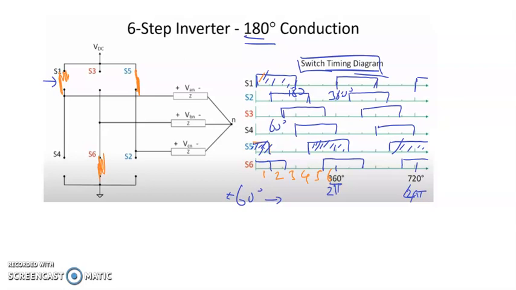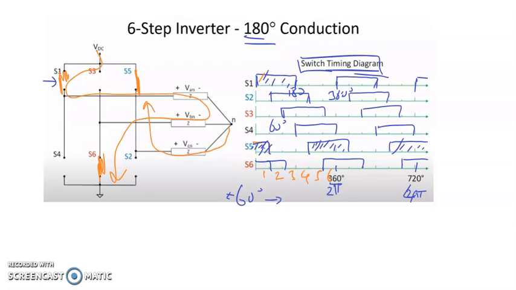So the current is flowing from the source coming into 1, going out through 6, as well as going to 5. But it seems that 5 is from the source, so it's not going anywhere.